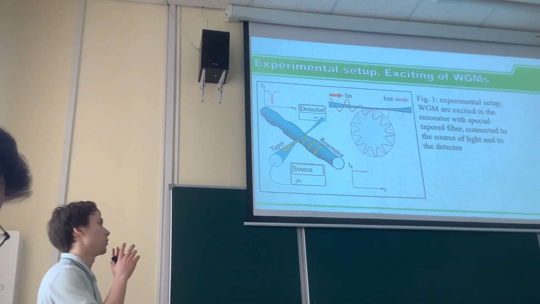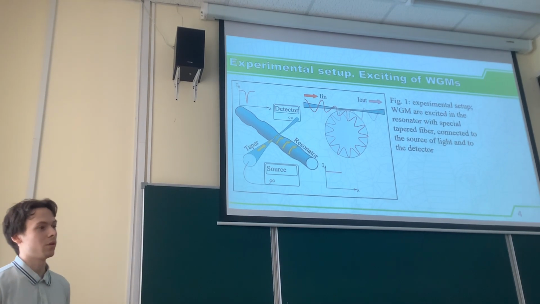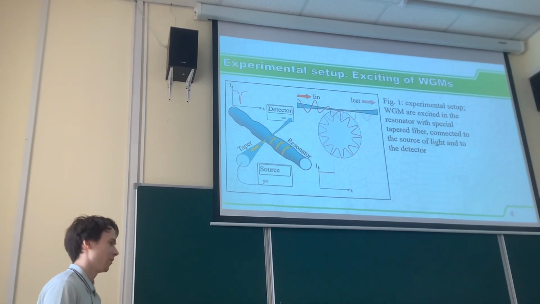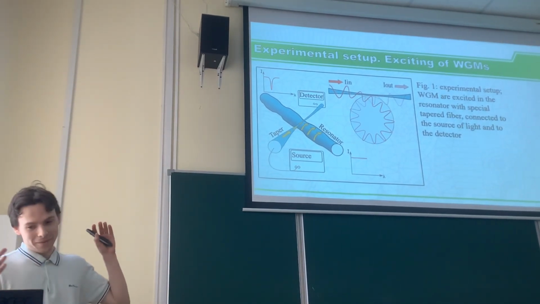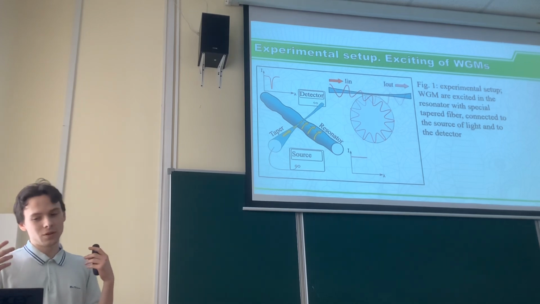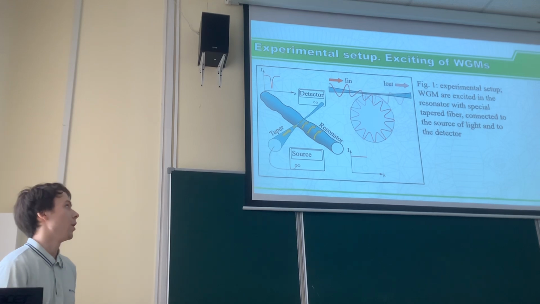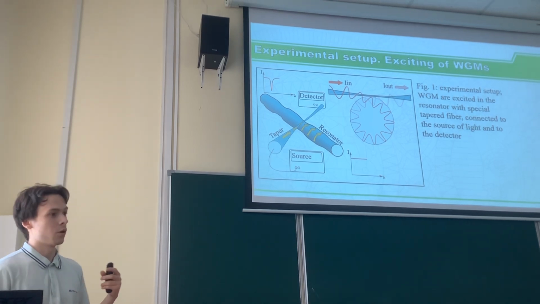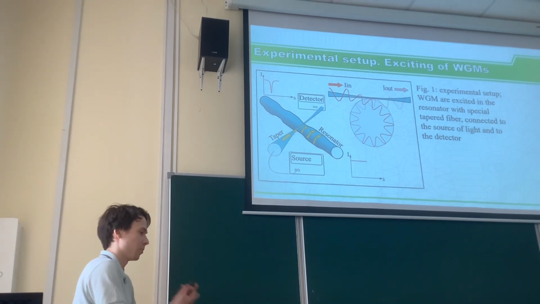So at first I want to describe our experimental setup because the way we did it is more important than the actual results. In our lab, we always use optical fiber in every experiment, and usually we use two pieces of optical fiber.